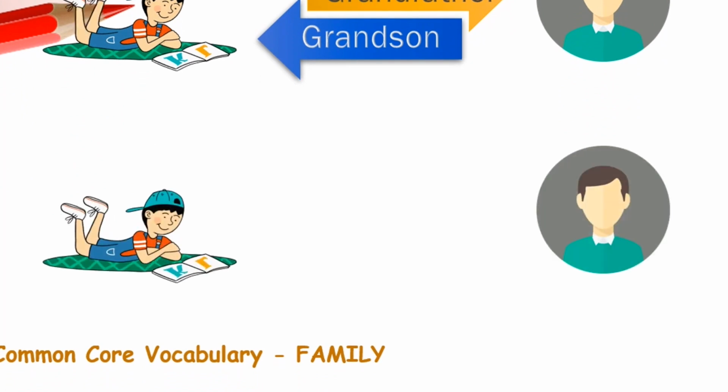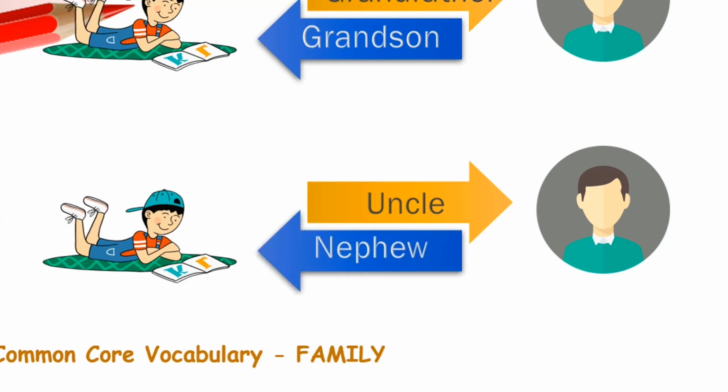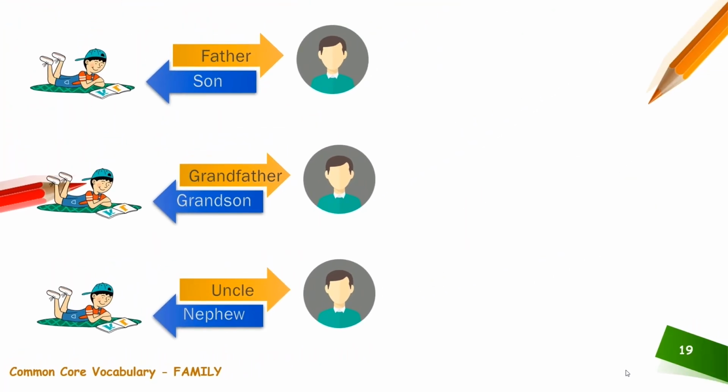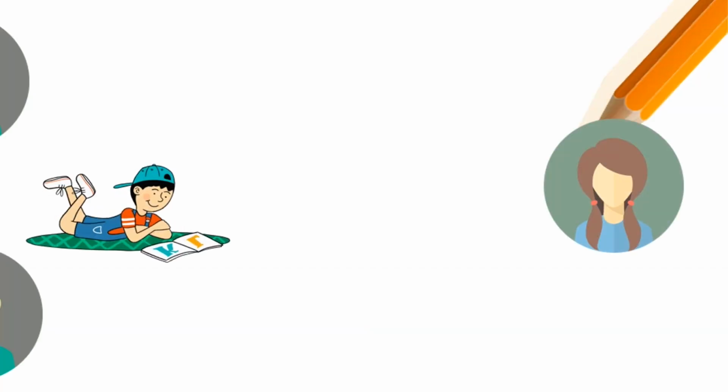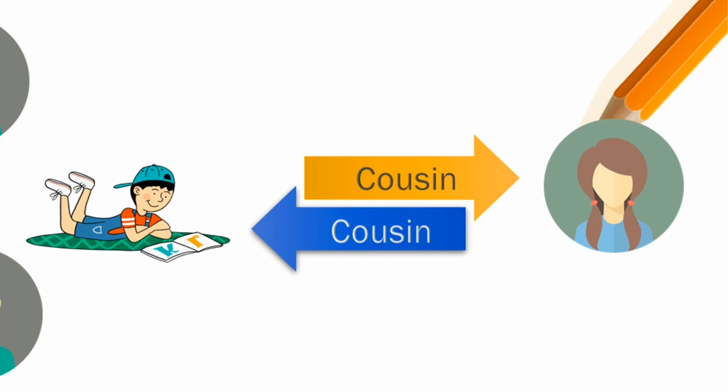And if the boy is talking to his uncle, the uncle calls him nephew. So nephew means you are the son of my brother or the son of my sister. Now if the boy is addressing his cousin, be it a female or a male, they call him a cousin too.